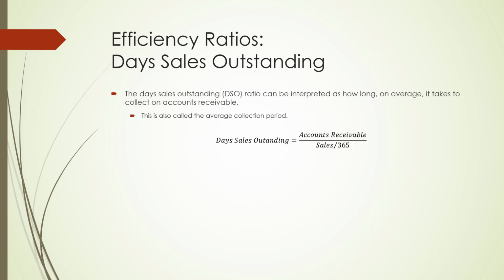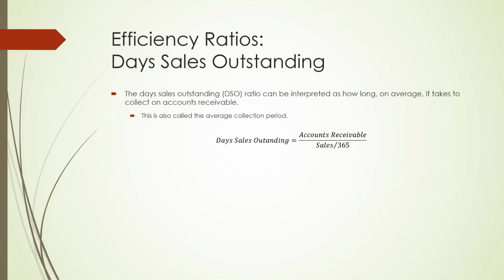Now note that sometimes you'll see this ratio using 360 days in a year. That goes back a long ways. 360 days in a year is a simplification that we do a lot in finance, and it's known as a banker's year. If you have 12 months, each with 30 days, that gives you 360 days in a year, and it simply makes the math a little bit easier to do.